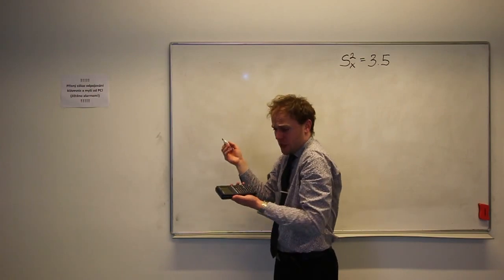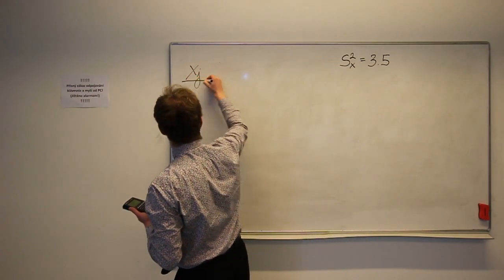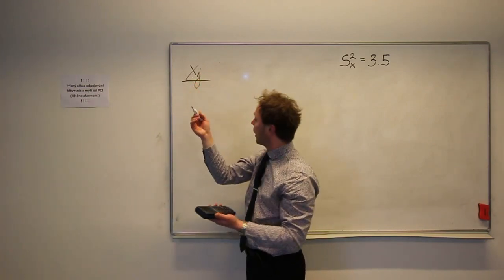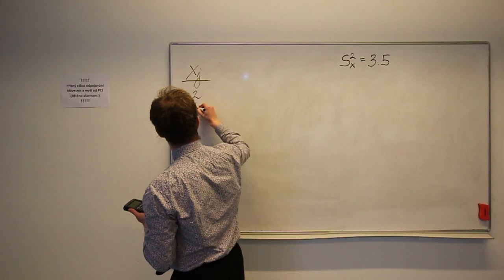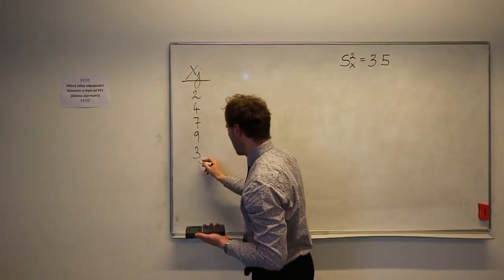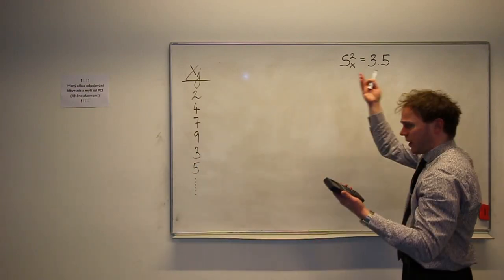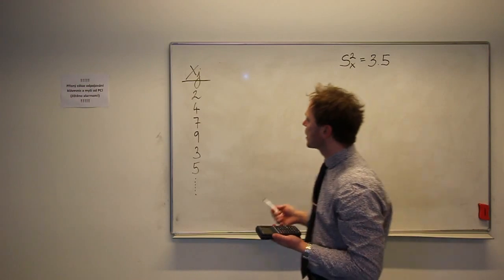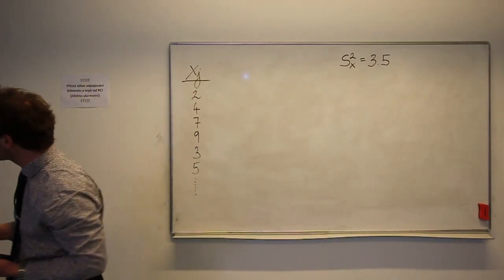This is just an illustration from me. I can expect that I have values 2, 4, 7, 9, 3, 5, and I don't know how many, and there are 3 questions.